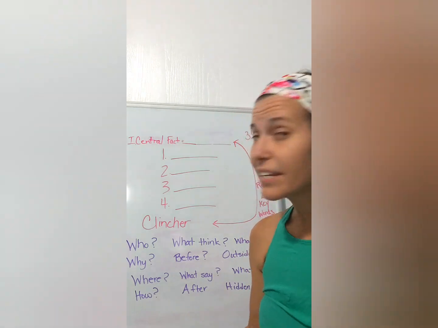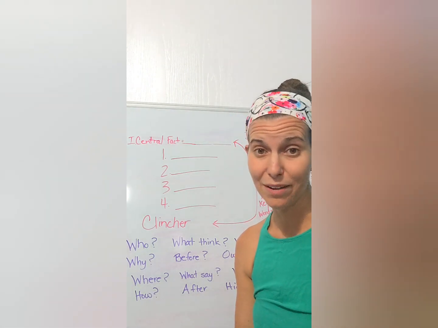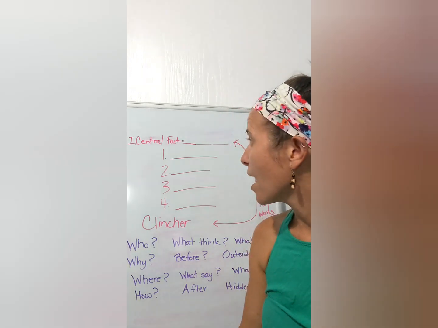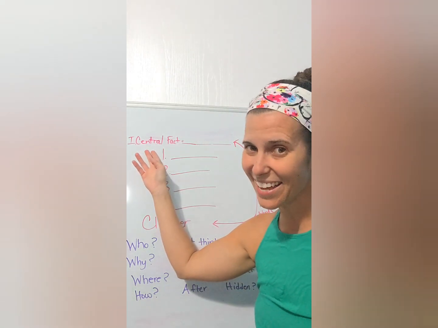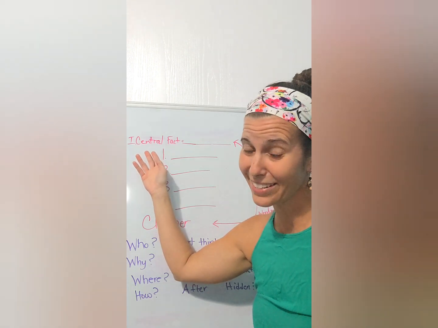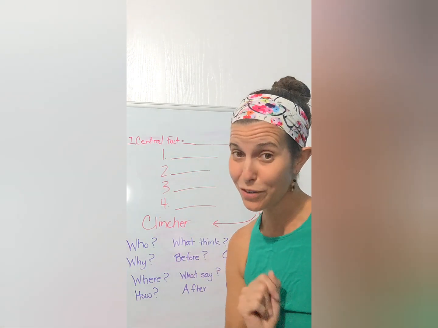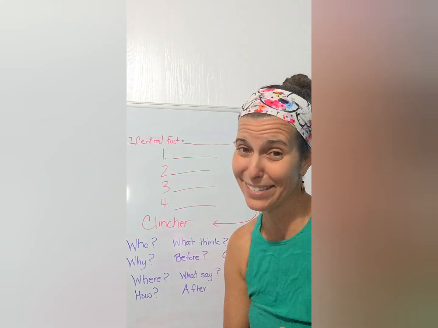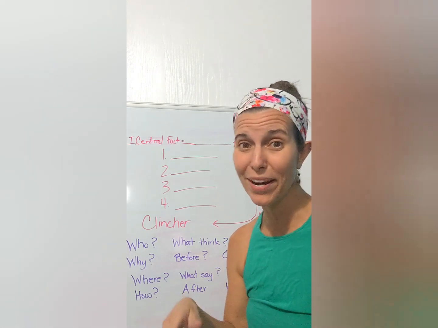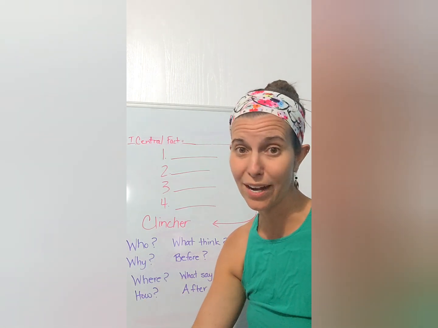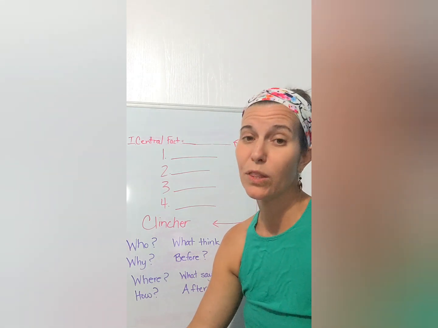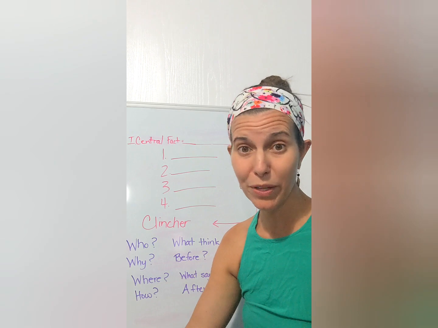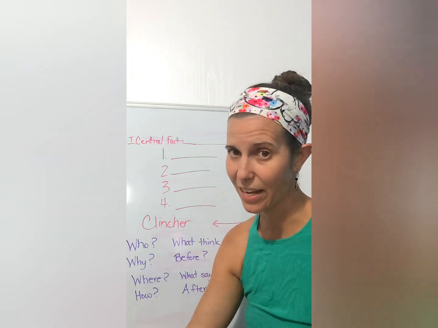So the keyword outline is slightly different once again with writing from pictures. With writing from pictures, the first line is called the central fact. Here's a hint: the central fact is basically just the topic sentence. It's telling us what is happening in the picture. It's not necessarily what the whole paragraph's about, but it is telling us what's happening in the picture.